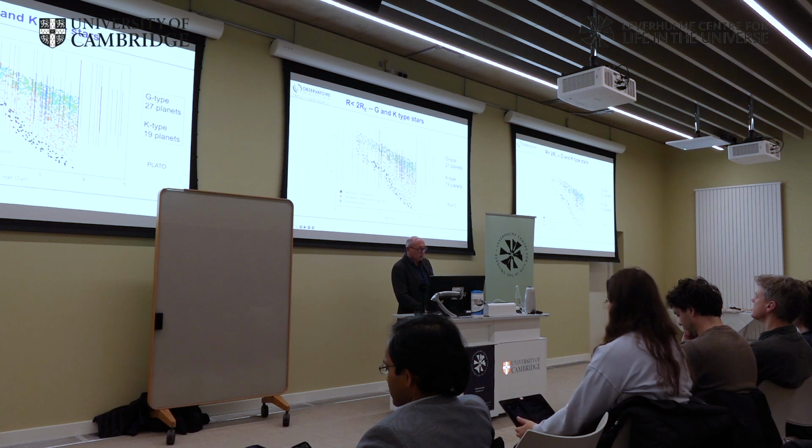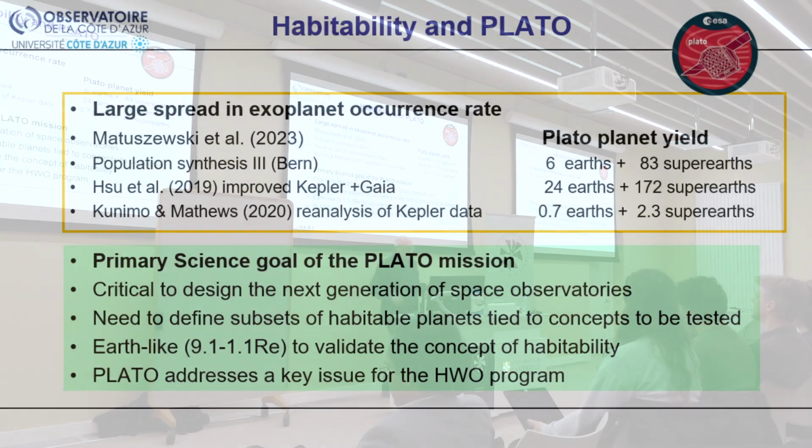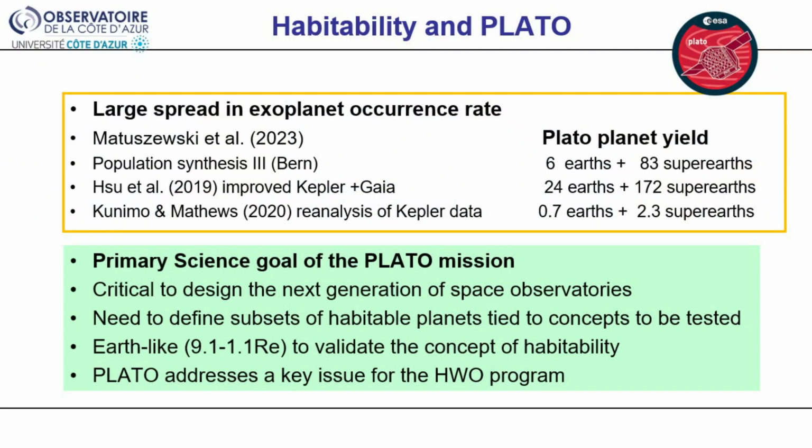You can refine that. Look at G and K type stars, because that's something we want to look at. And what we found is something we are writing up at the moment. We're not that good at predicting how many Earth-like planets around G and K type stars we are going to get. You see the spread right now: there are maybe 6 Earth planets, if you believe Christophe, there is maybe 0.7 Earth planet that we are going to find with Plato.